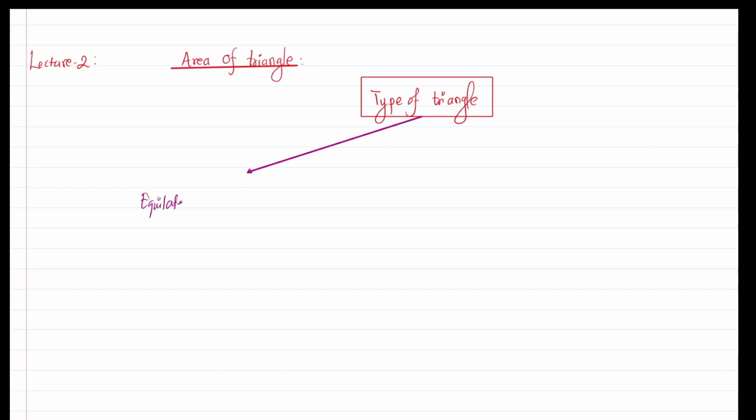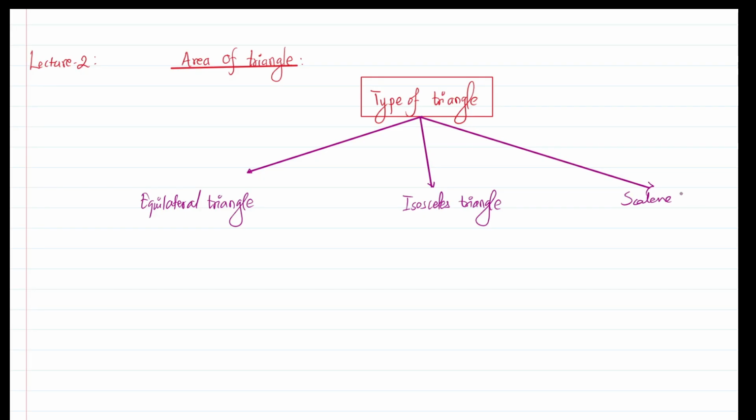One is the equilateral triangle, and another is the isosceles triangle, and the third one is the scalene triangle.